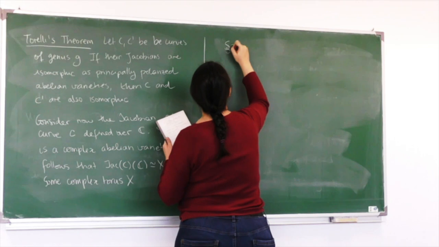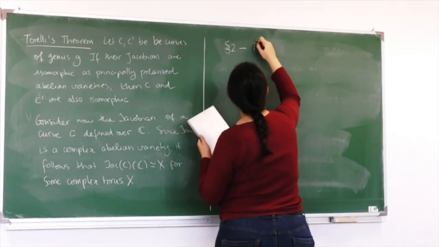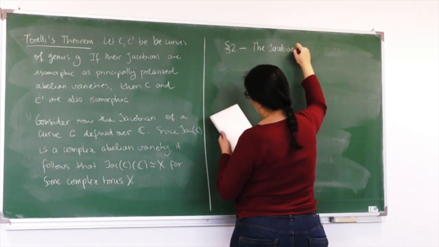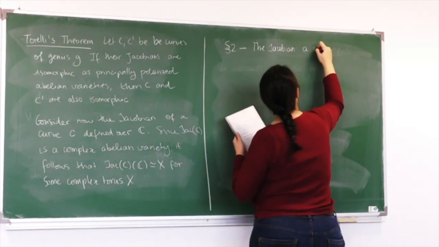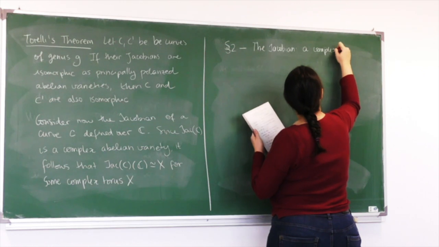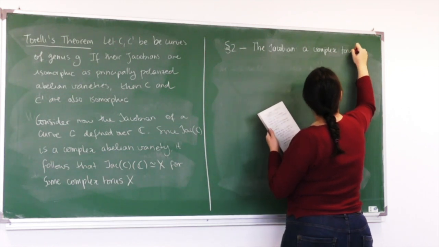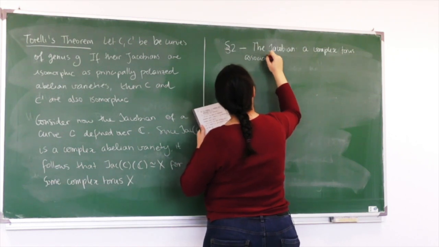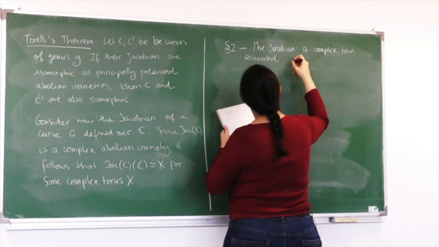So that will be section 2, the Jacobian, a complex torus associated to C.